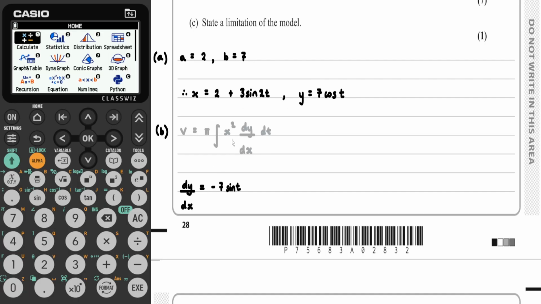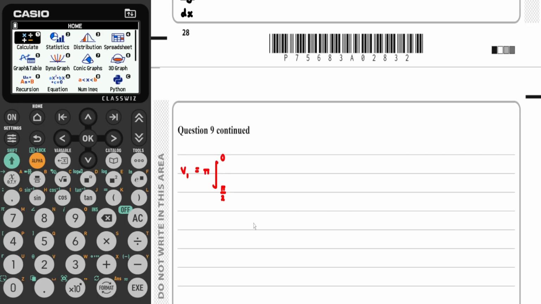We know what x is, so for x squared we will have (2 plus 3 sine 2t) squared multiplied by dy over dx, which is negative 7 sine t. And we integrate this with respect to t. And just to reiterate, for the limits, we are going from pi over 2 to 0 because y is decreasing.